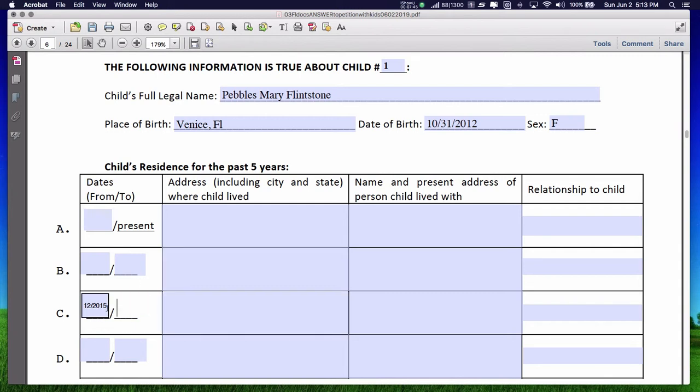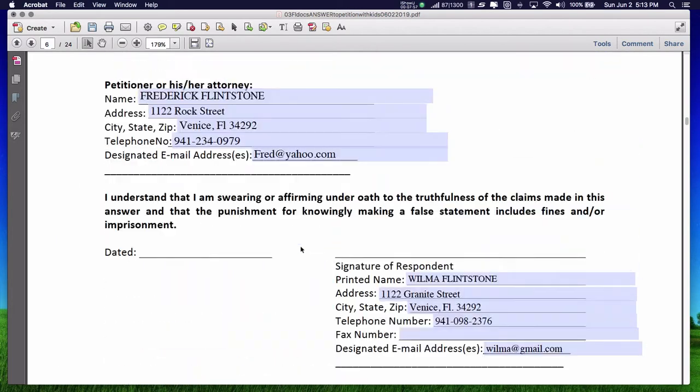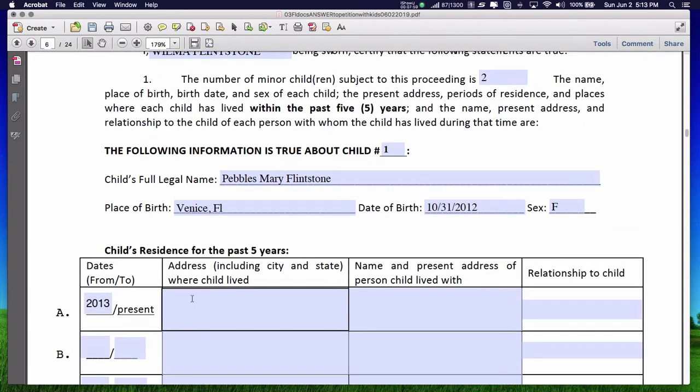It's all pretty self-explanatory. Let's just say from 2014 or 2013 to the present, Fred stayed in the marital home. Oops, that's not it. Let's say, yeah, it was 1122 Rock Street. Okay, everybody lived there together.